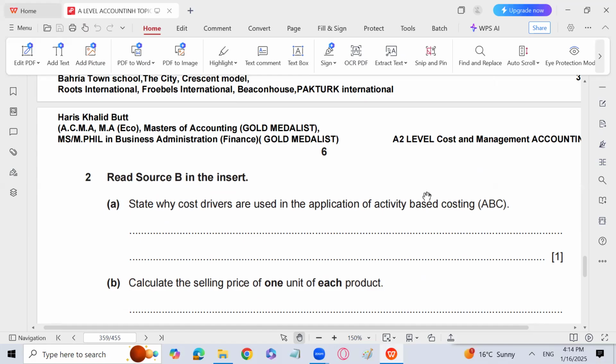Cost drivers are used to allocate overhead cost to different products by using activities consumed by each cost unit.